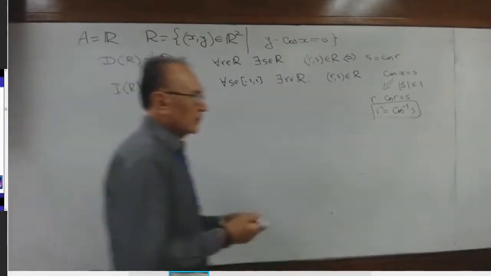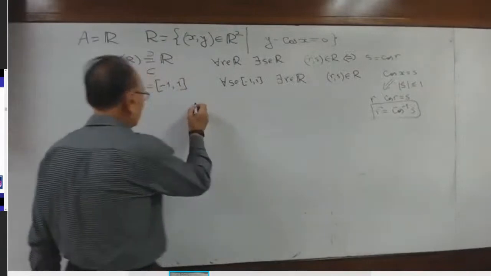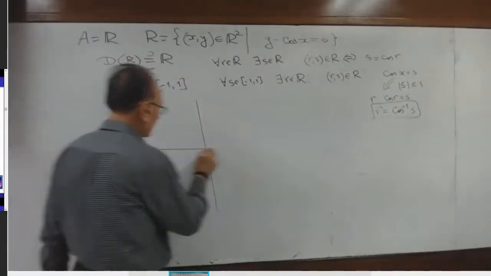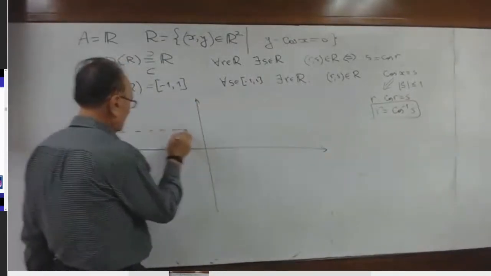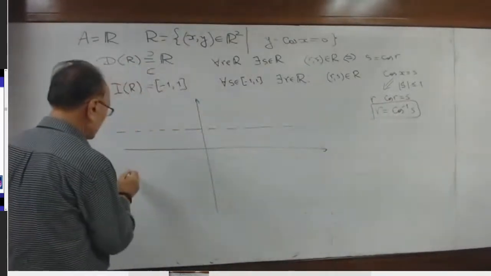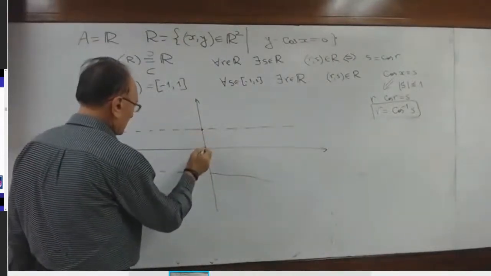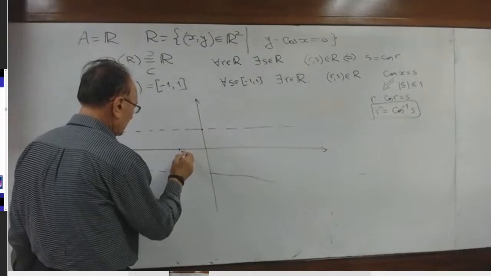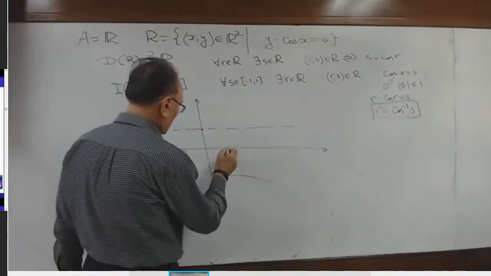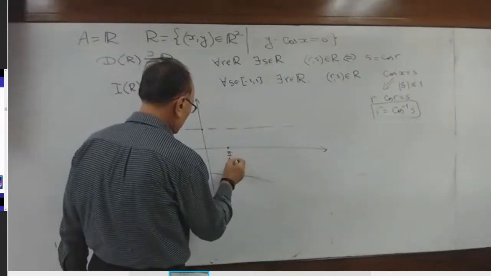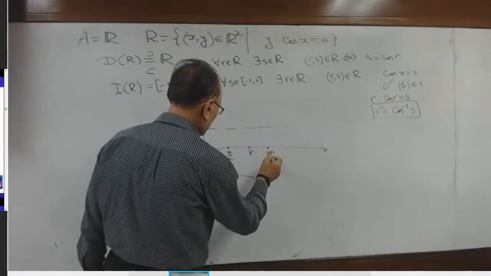Okay, next one is the graph. By the way, it's an interesting graph. Now you know the cosine function graph, right? So this is 0. This one is minus pi over 2, this one is pi over 2. Here you have pi, 3 pi over 2.